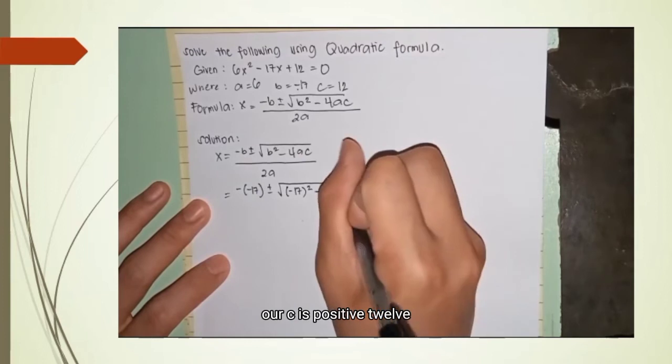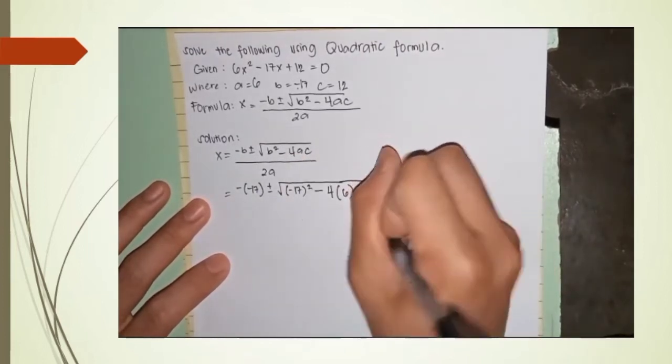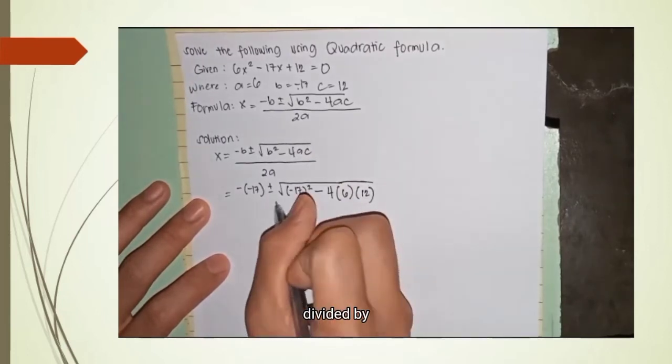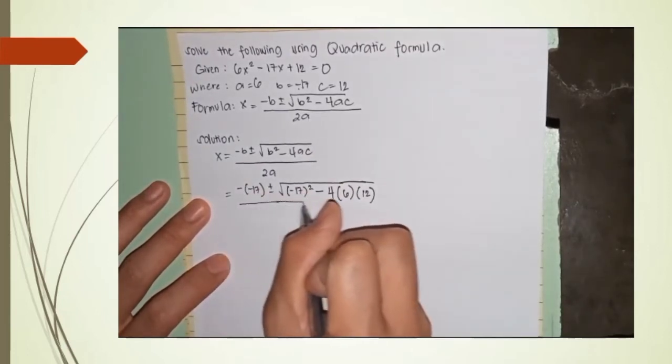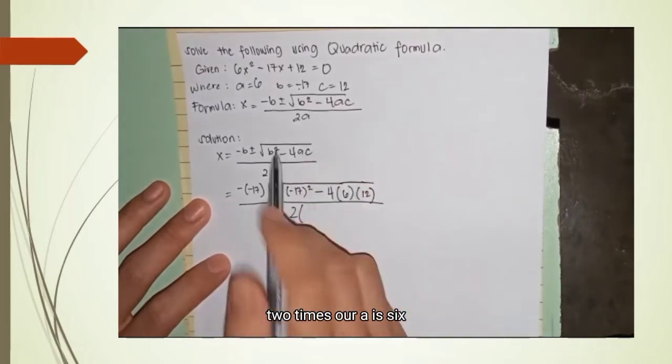Our c is positive 12, divided by 2 times our a, which is 6.